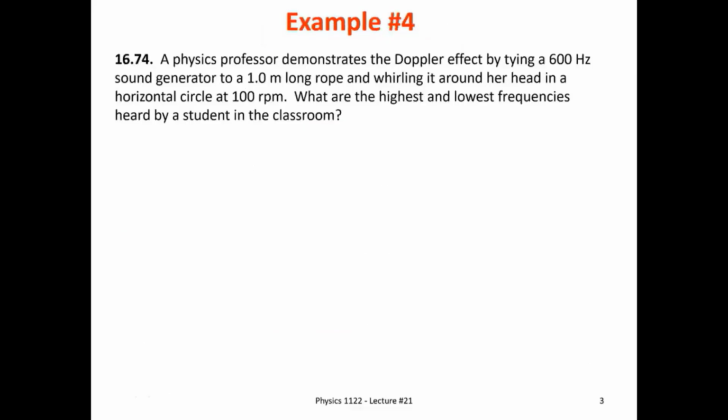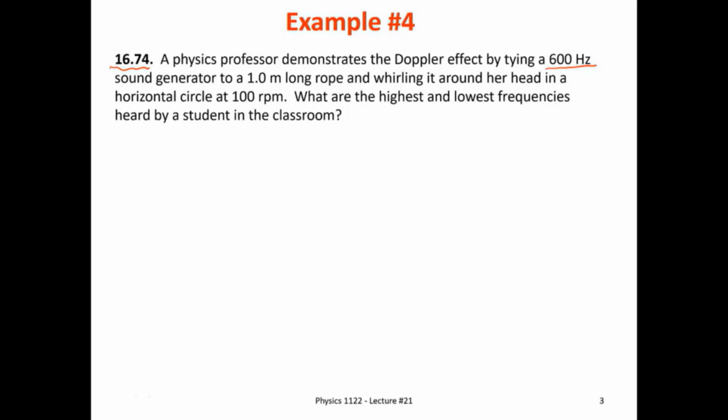So in this example, it's an example describing the demonstration that was just shown, and it says a physics professor demonstrates the Doppler effect by tying a 600 hertz sound generator to a 1 meter long rope and whirling it around her head in a horizontal circle at 100 revolutions per minute.